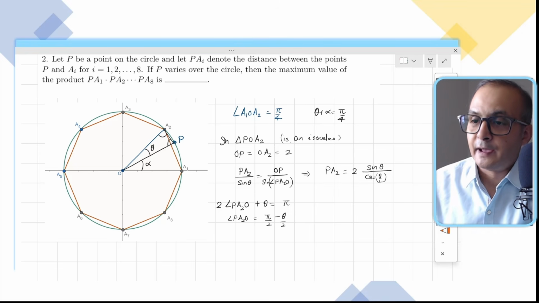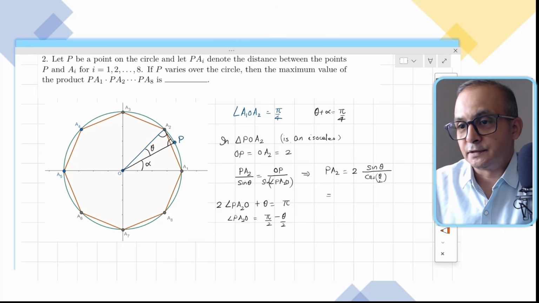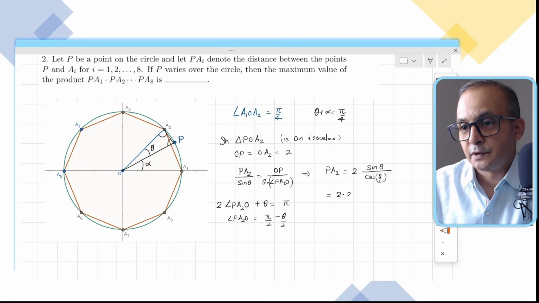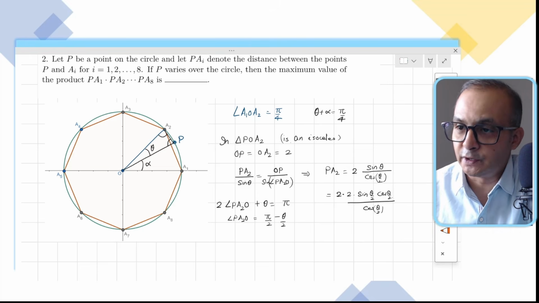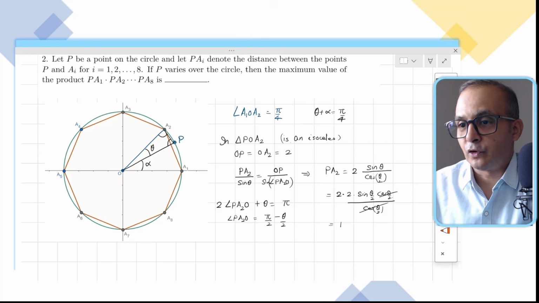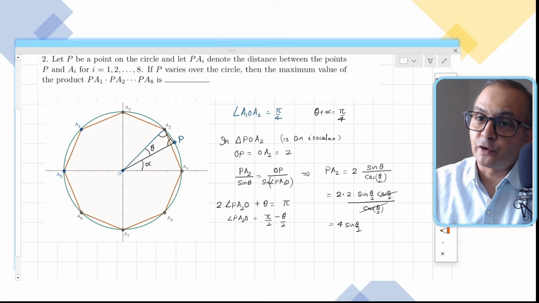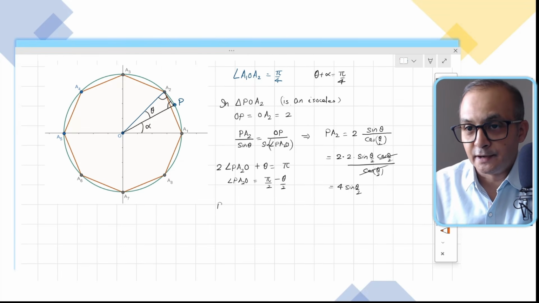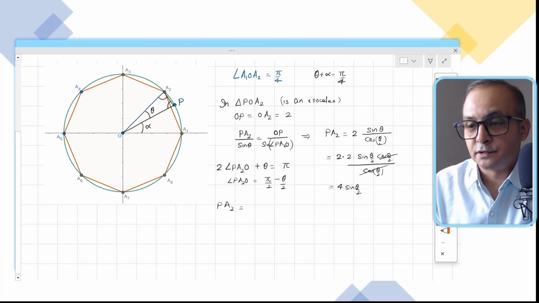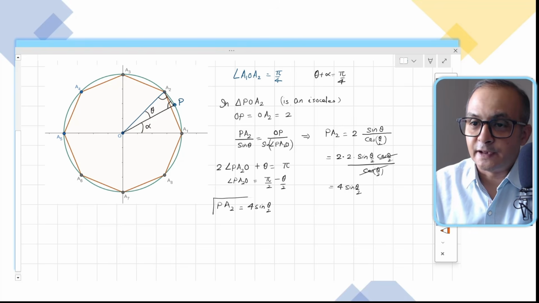We simplify this further, so we get twice of sine theta by 2 cosine theta by 2, by using the double angle formula, divided by cosine theta by 2, and that will give you 4 sine theta by 2. Now this story repeats for every such side. So PA2 is 4 sine theta by 2. I save this, and I want to convince you that this story will repeat for everyone.